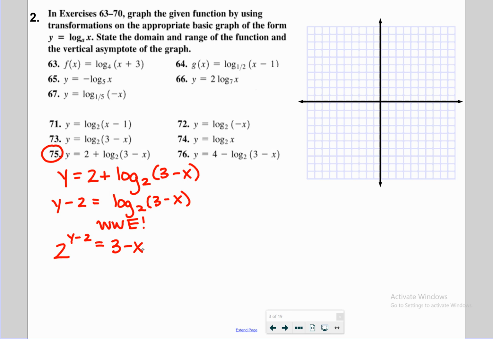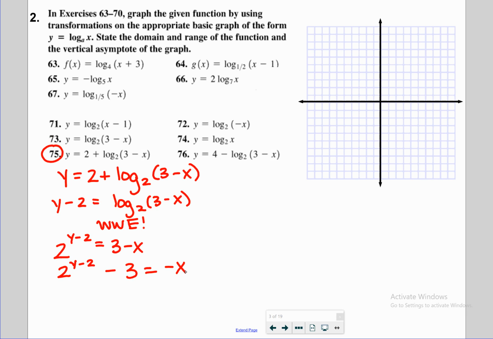The other thing that's an optional step that I would highly recommend doing is getting the x alone. So normally, when we fill out a table, we plug in values for x and get out the y's. We're doing it opposite here. We're going to plug in numbers for y and get out x. So if the x is alone, our life's going to be easier. So I'm going to subtract the 3 over. 2 to the y minus 2 power minus 3 equals negative x.